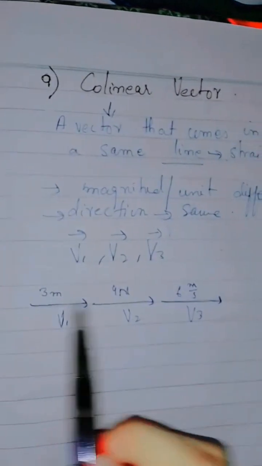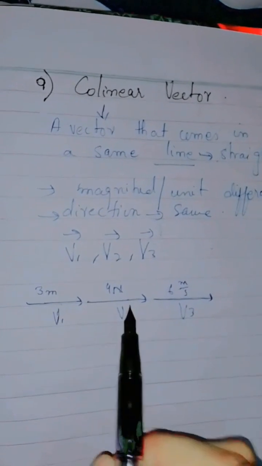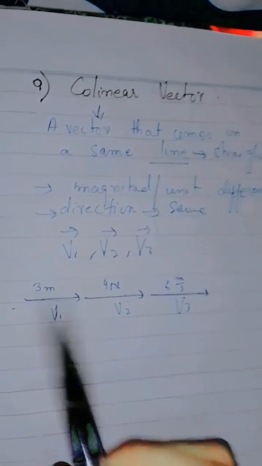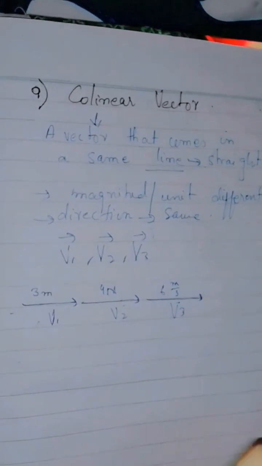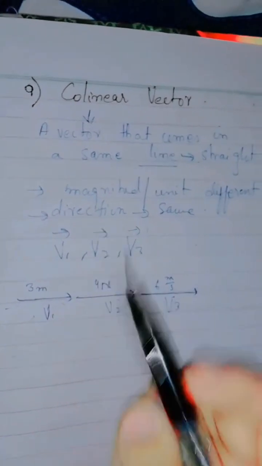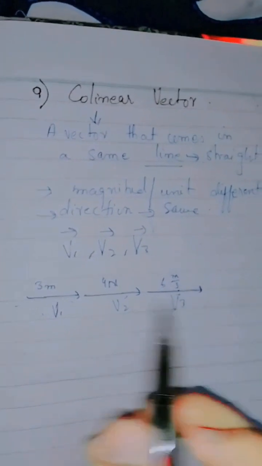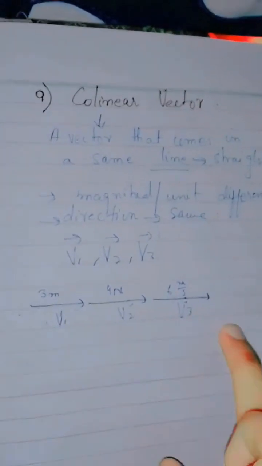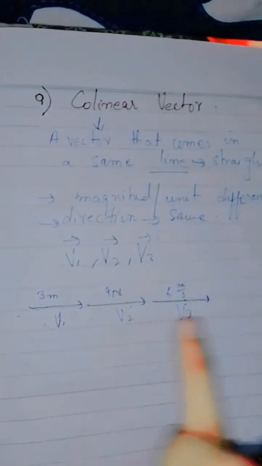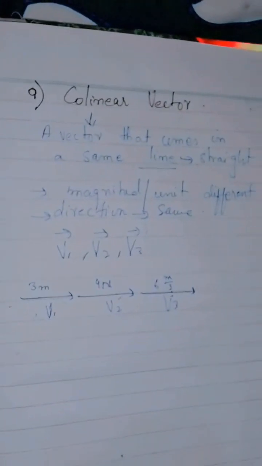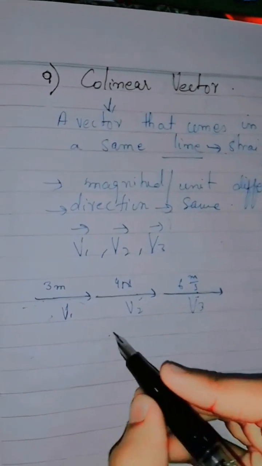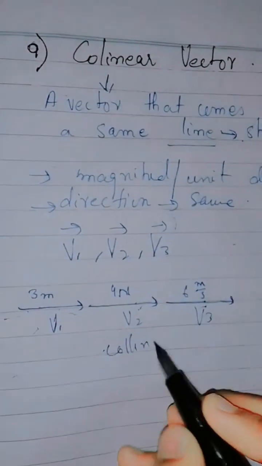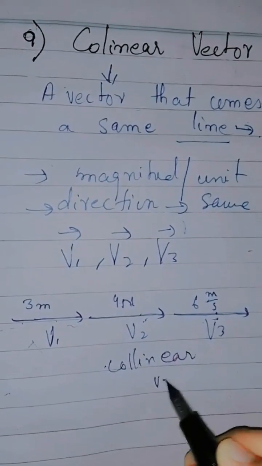So basically they have different magnitude and different unit, but they are following the same direction, so that is called a collinear vector. And it comes in a straight line, means it comes in a same line, and it has the same direction, and the magnitude and unit are different, so it is called a collinear vector.